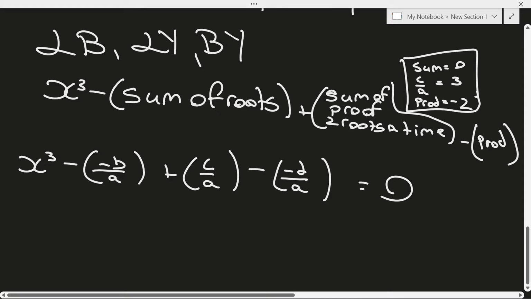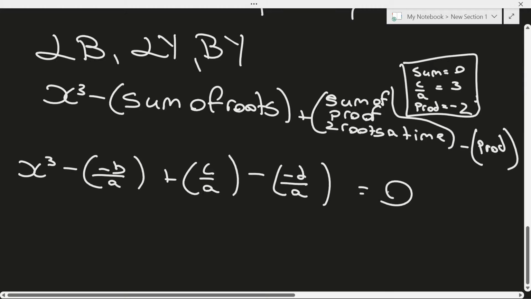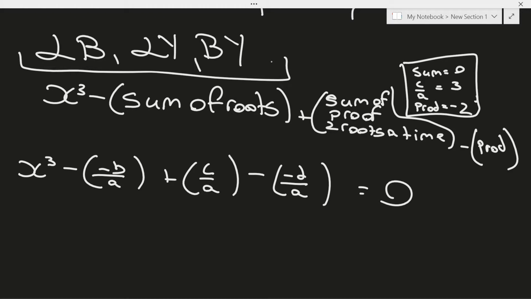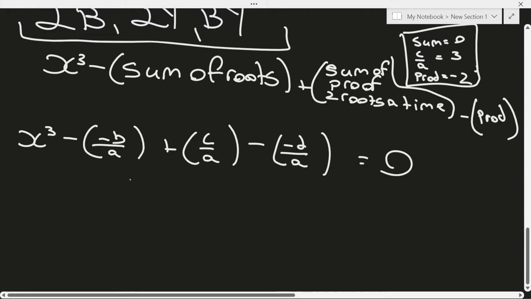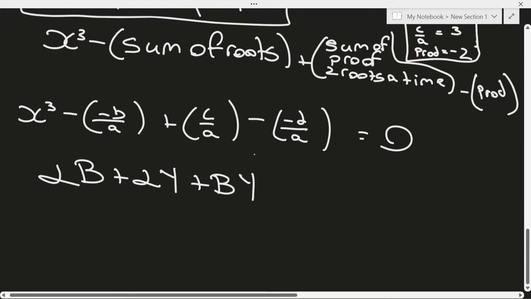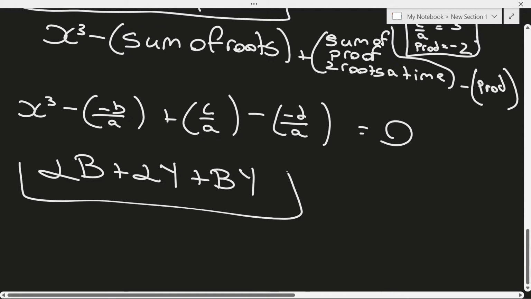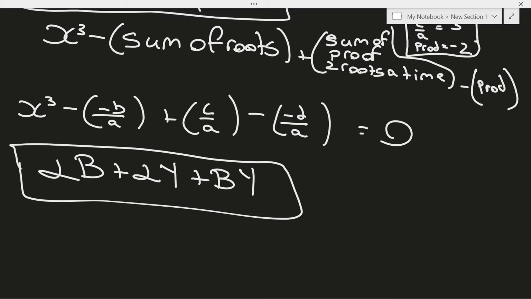If we now want to find the equation whose roots are alpha beta, beta gamma, and alpha gamma, the very first thing we'll need to do is find the sum of the roots. That would be equal to alpha beta plus alpha gamma plus beta gamma. But there's one thing we should notice here. They're asking us to find the sum of these roots, but if you notice, this is in the exact form of the sum of the product of two roots at a time.